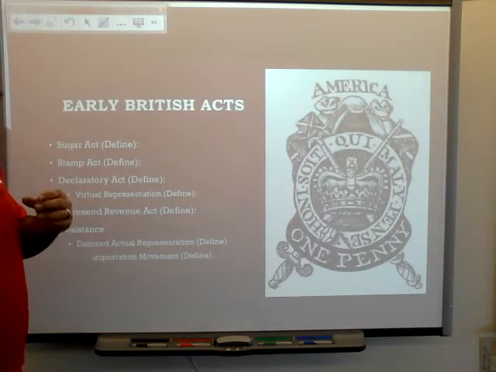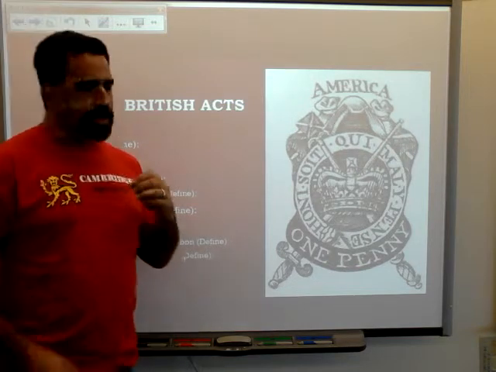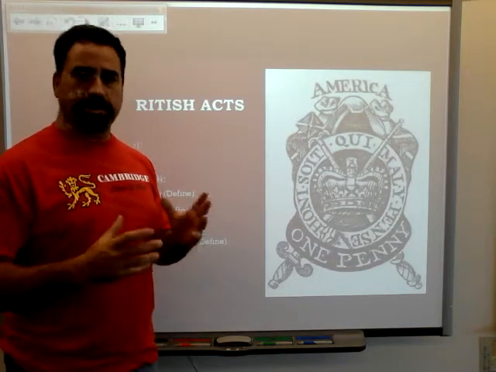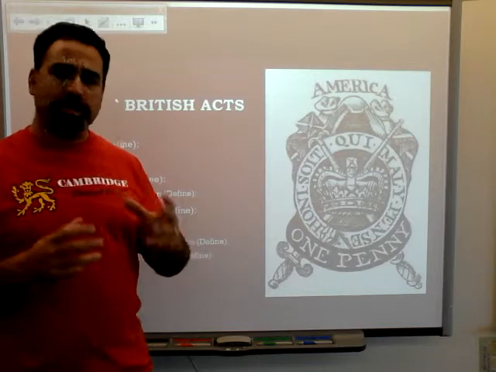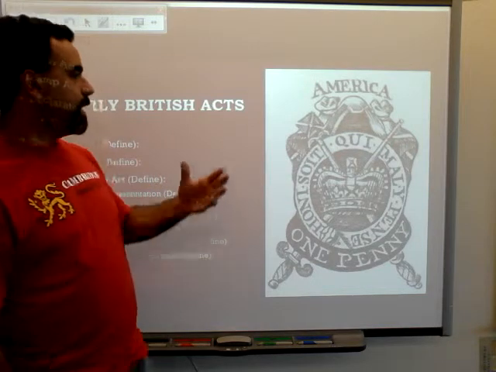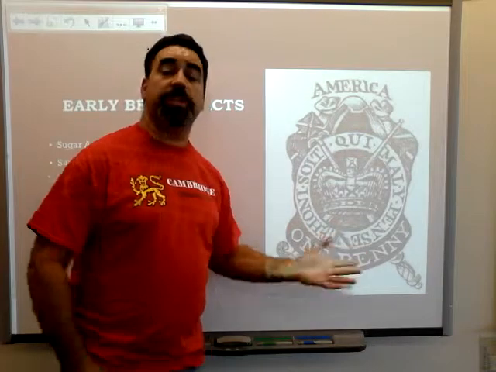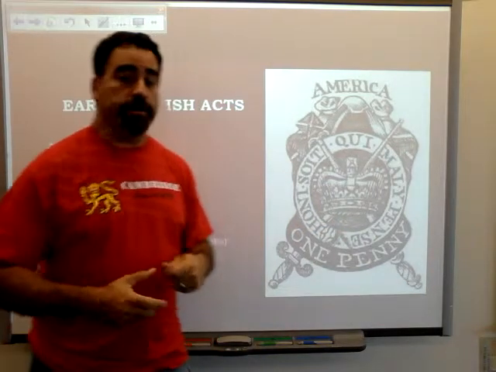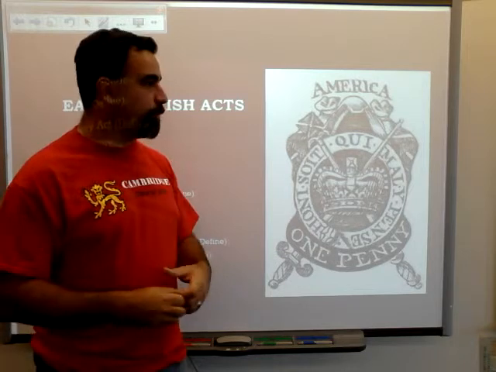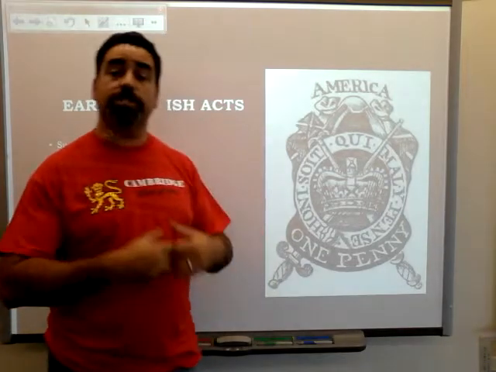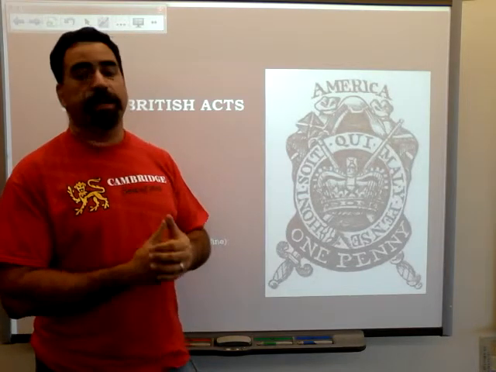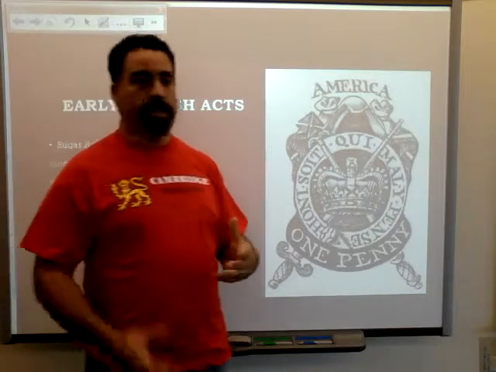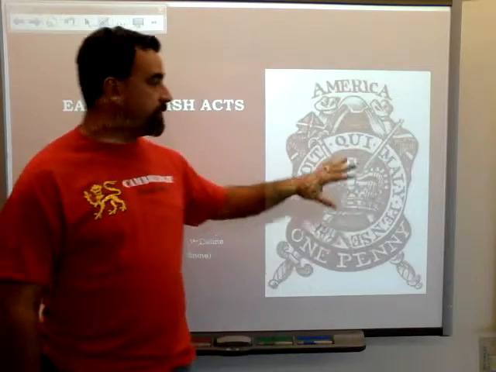The Stamp Act required that certain legal documents be put on paper that had a stamp, much like this one here. The stamp would be embossed in the paper. So if you wanted to write a will, a land contract, or negotiate any kind of trade agreement, it had to be done on stamped paper.